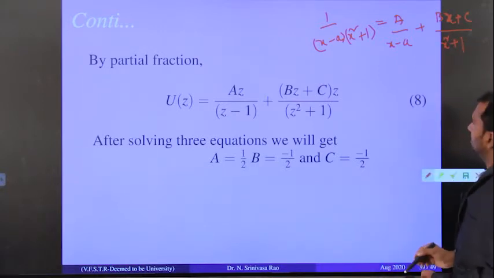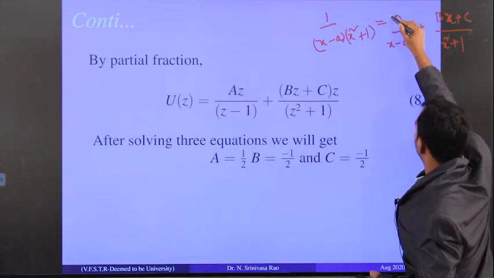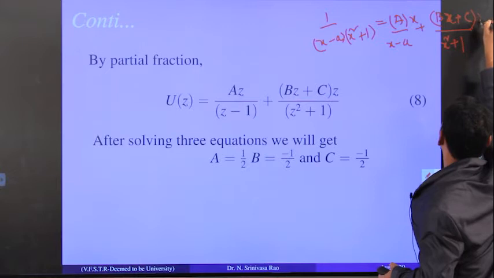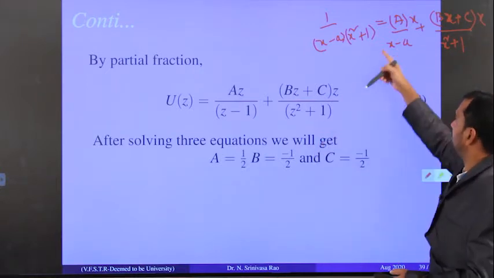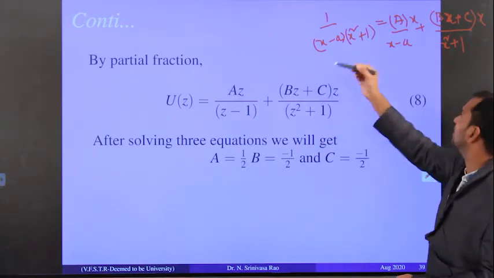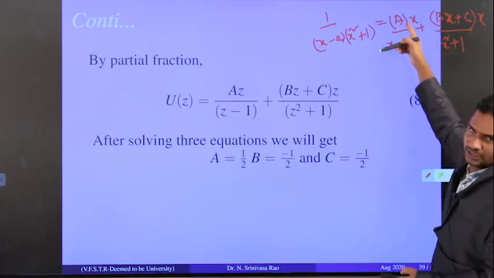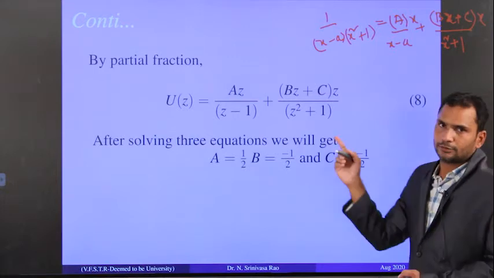Now what you have to do extra is multiply with x in the numerator. Of course here it is in z, but in terms of x, you just multiply with x extra in the numerator. I have told you the reason already.